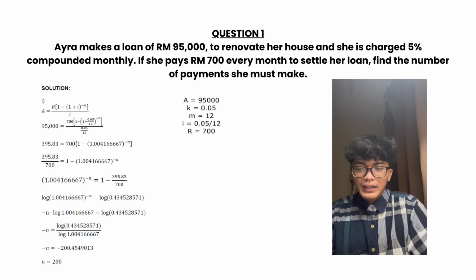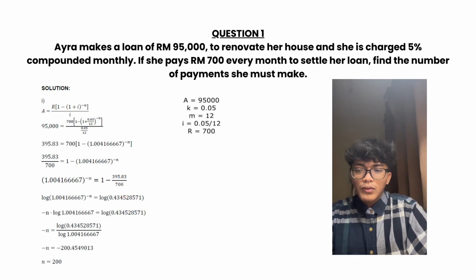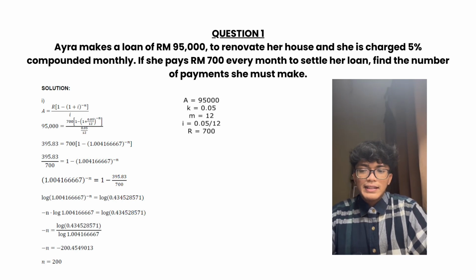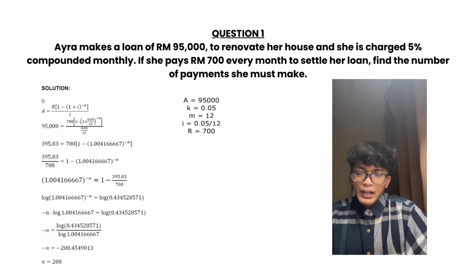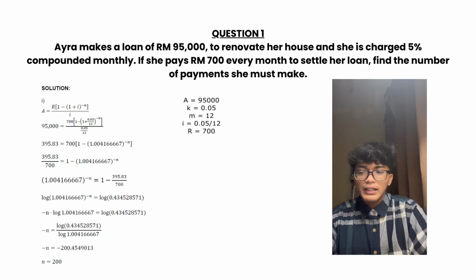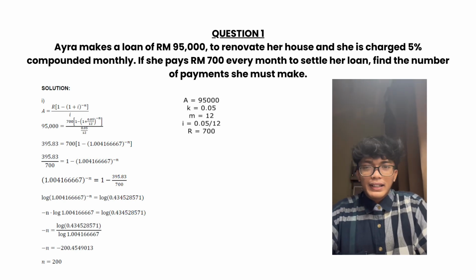Next we will get negative n equals log 0.43452851 over log 1.00416667, and next negative n equals negative 200.4549013, and the final answer is n equals 200.